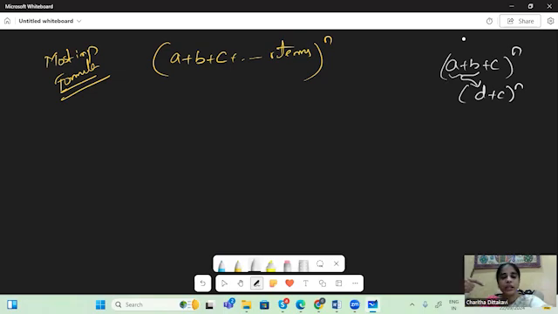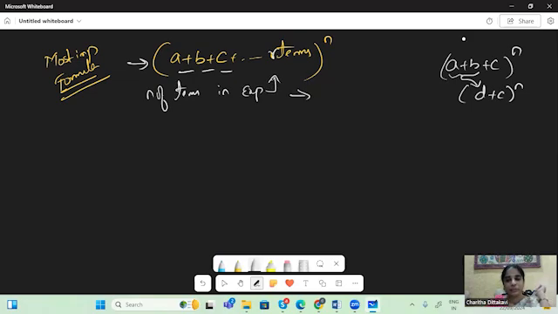Now tell me another most important formula. You have to make a note of it. If you have a plus b plus c and so on till r terms, it might be 10 terms to the power n or 15 terms to the power n. Even that can be answered with one short formula.